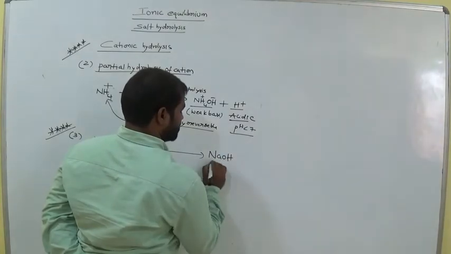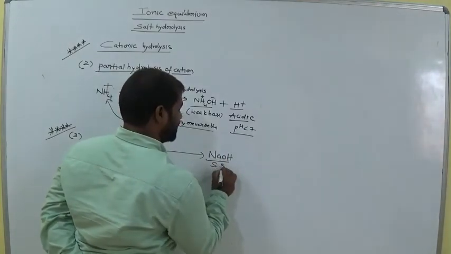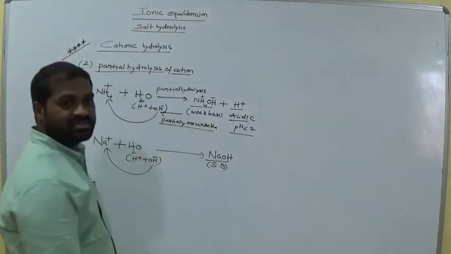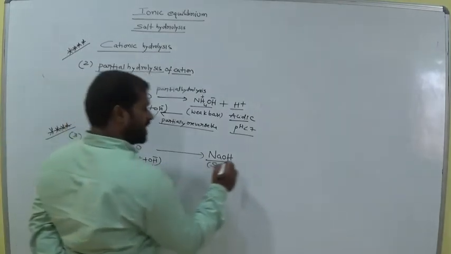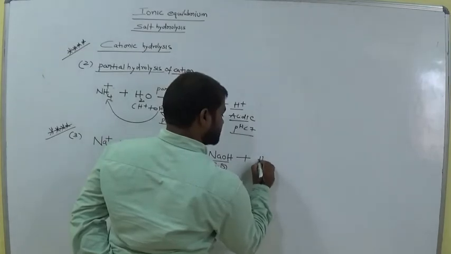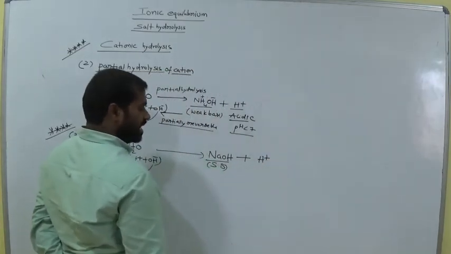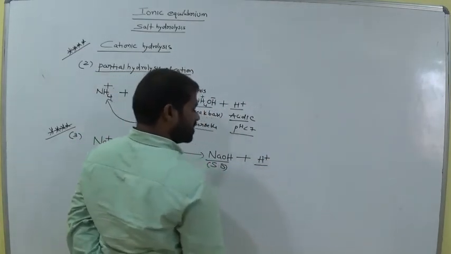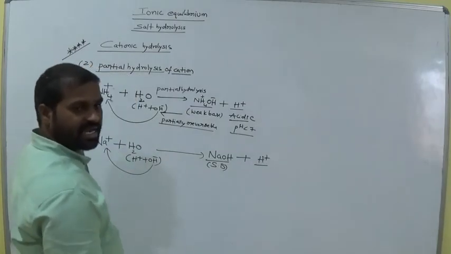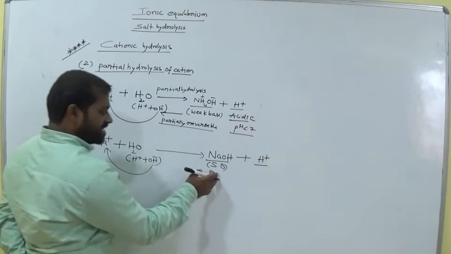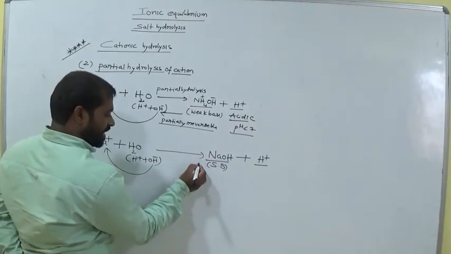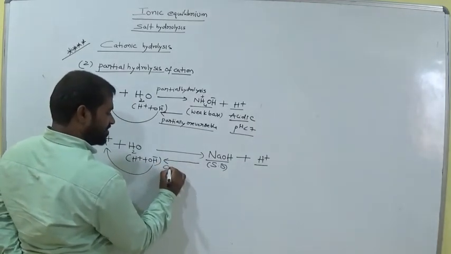It is a strong base. Sodium hydroxide is a strong base. Now what is the remaining ion here? H+. It produces more H+. Acidic nature or not? Acidic nature. So now due to this strong base, it is completely reversible.